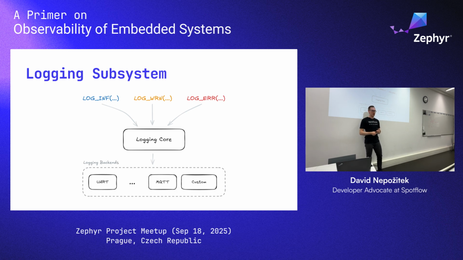So this is also a nice way to grow the ecosystem around Zephyr. And one main advantage is also that, of course, the Zephyr modules themselves use this subsystem, so you get a bunch of very useful logs when you decide to collect the logs from the logging subsystem.